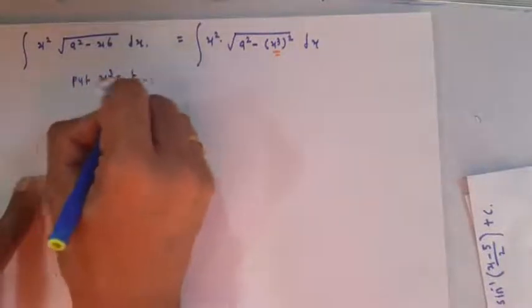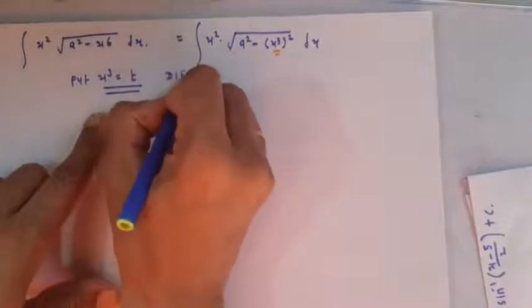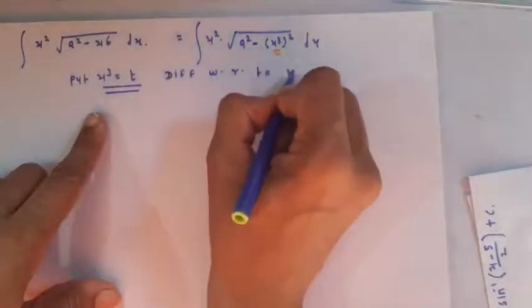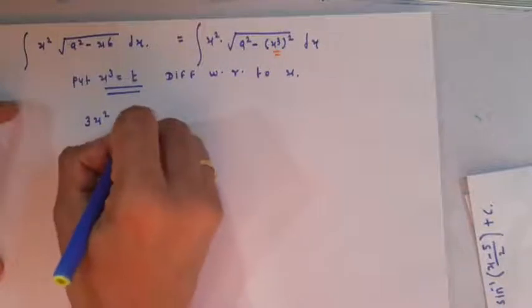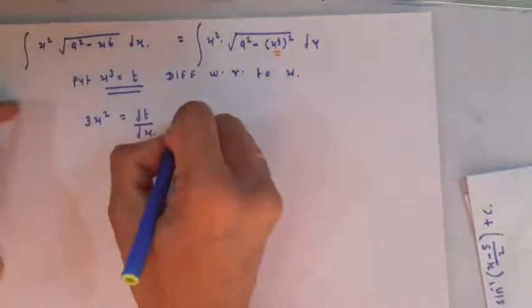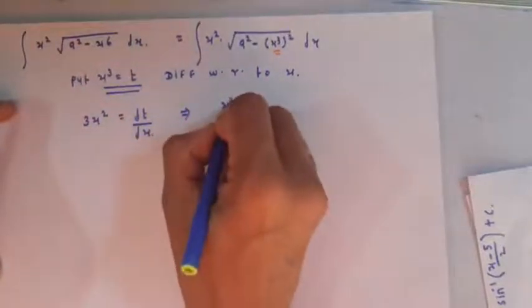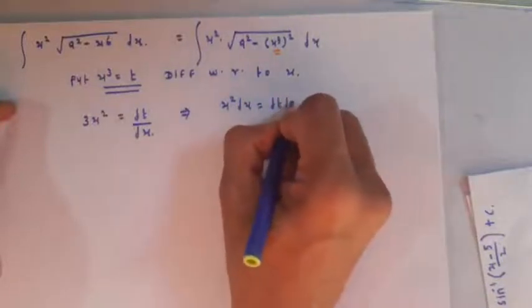Whatever is our substitution, differentiate with respect to x. Differentiating with respect to x, we get the differentiation of x raised to 3 is 3x square, and that is dt by dx, and therefore, shifting the term to that side, you will get x square into dx equal to dt upon 3.